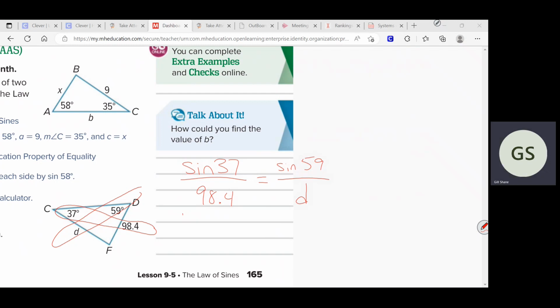This side should be bigger than this side. If this angle is bigger, this side should be bigger. You should get a number bigger than 98.4. What'd you get? 140.2. All right, so I think 140.2 is the answer.